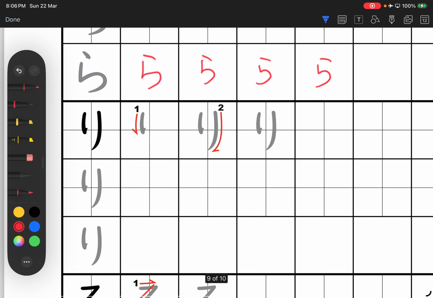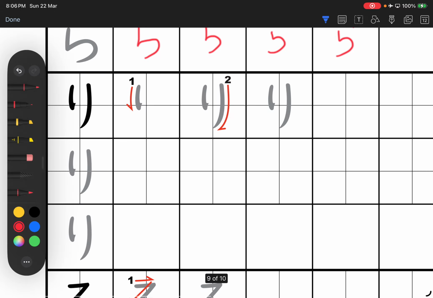Next we have ri. Not really an RI sound, think of it as an LI sound. Li. We have to be careful. This is the katakana version, two vertical lines with the second one being a bit curved.